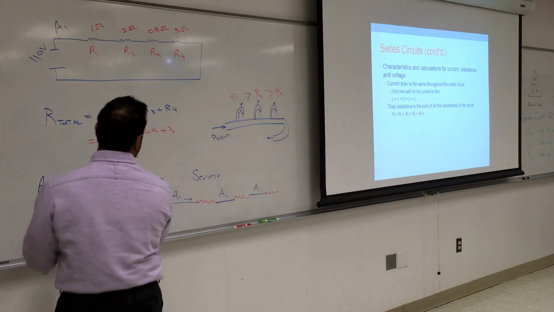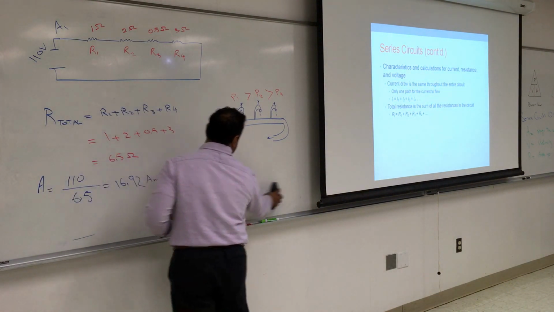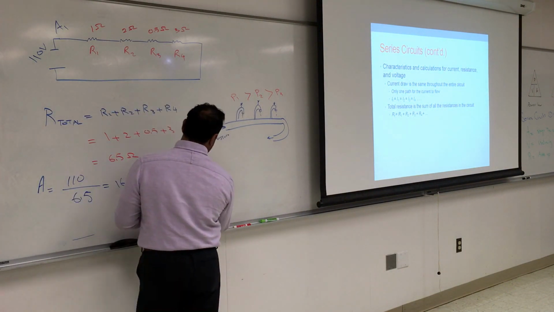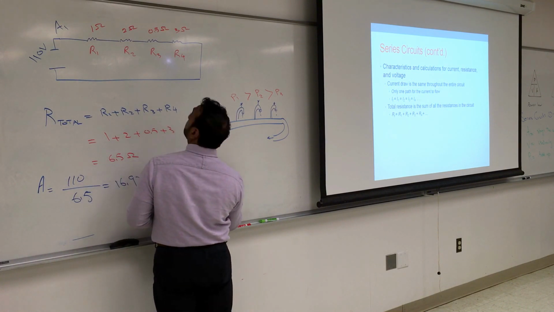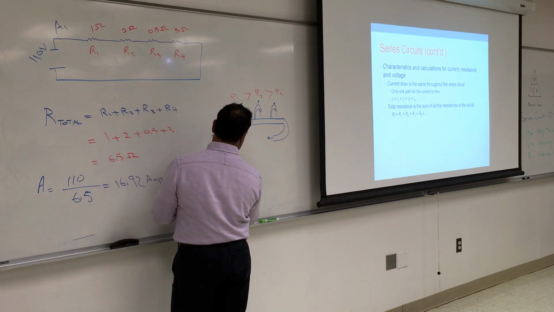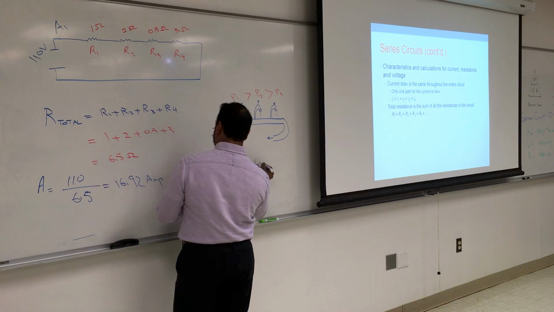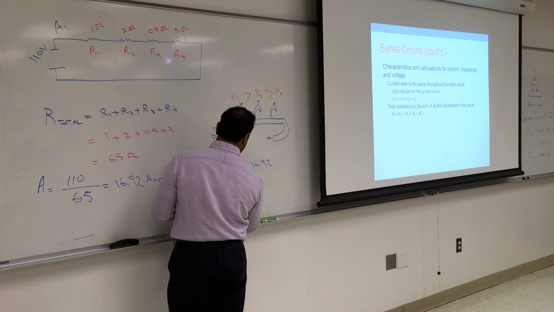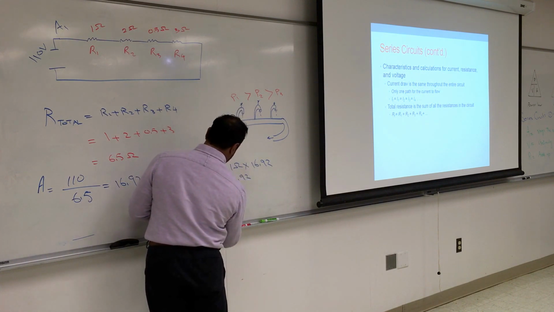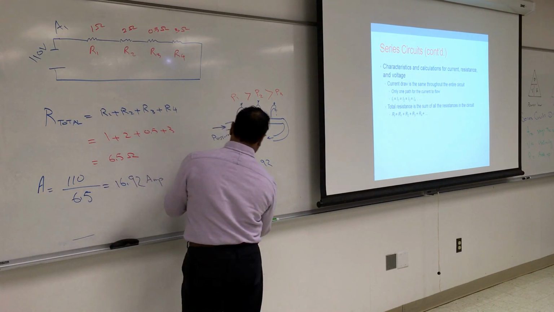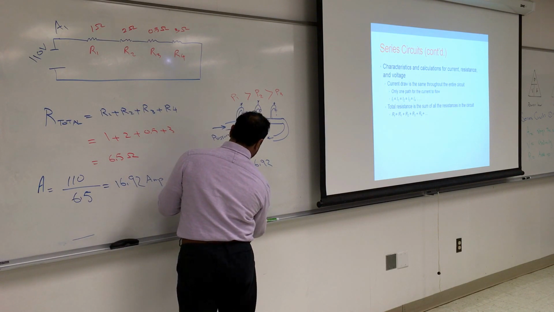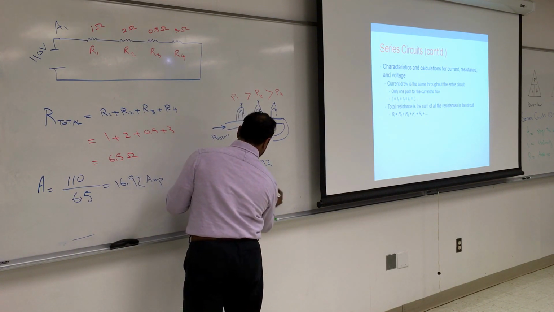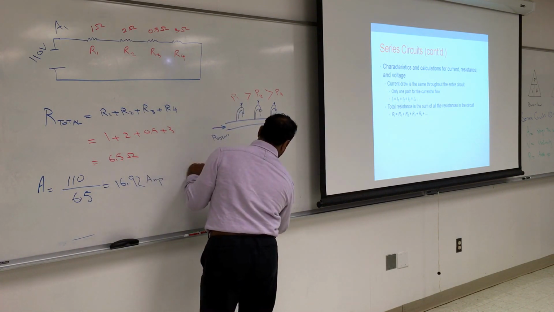Let's do that just for experimentation. V1, I will say it's 1 ohm times 16.92, should be 16.92. V2 will equal 2 times 16.92, 33.84.